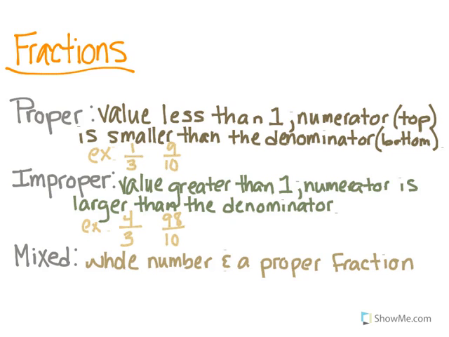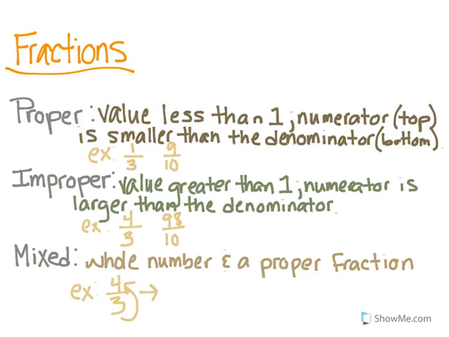Now, a mixed number is a combination of a whole number and a proper fraction, but it always starts off as improper. So, for example, if we stick with 4/3 from above, in order to make this a mixed number, I need to figure out the total whole number of times 3 will fit into 4 without going over.